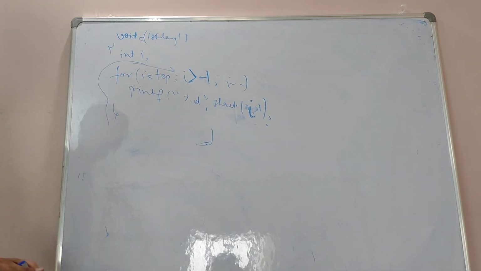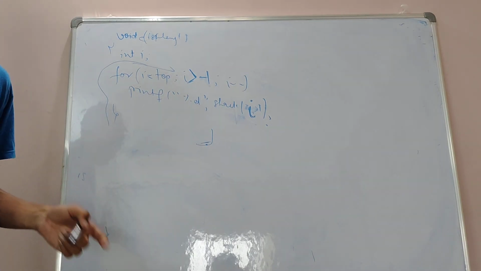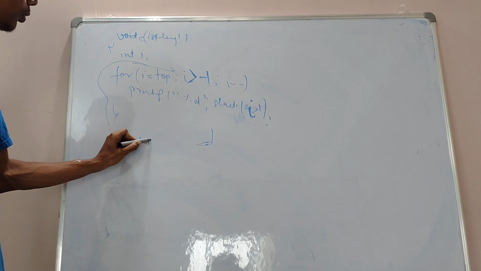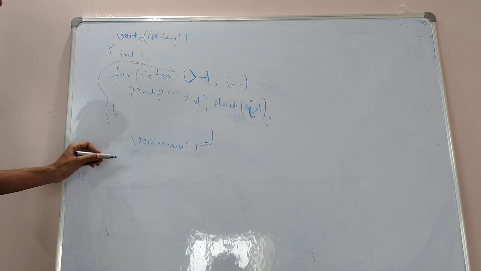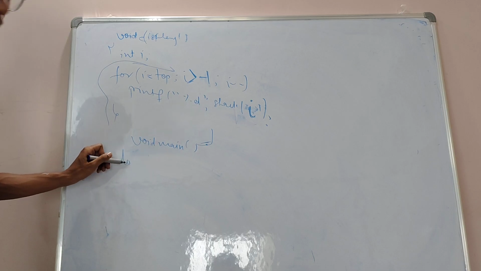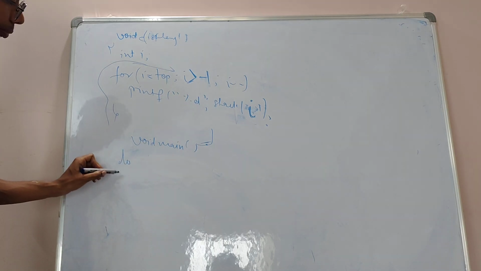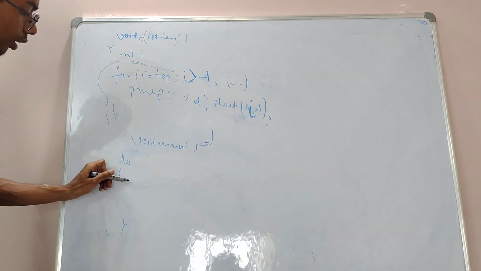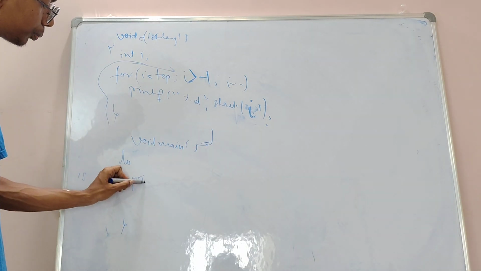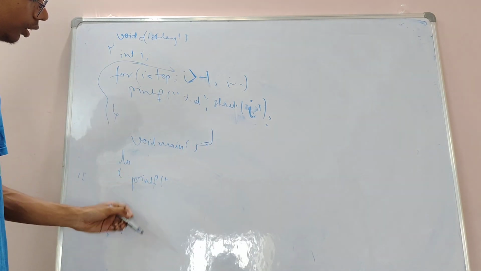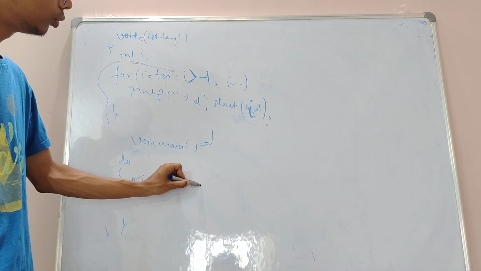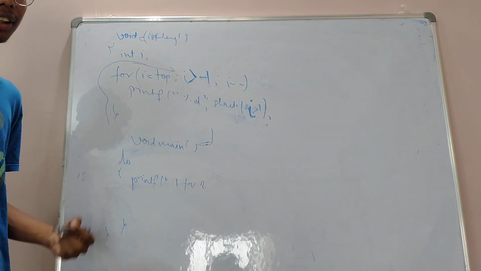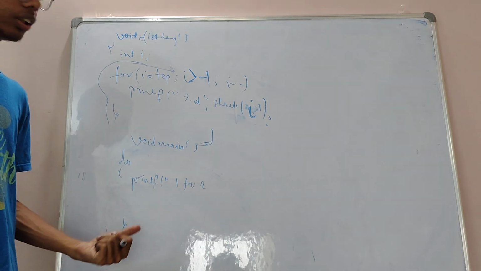And how can I call this function? In void main, I will use a do while loop. In the do while loop, I will say printf, enter 1 for push, 2 for peek, 3 for pop, 4 for display.